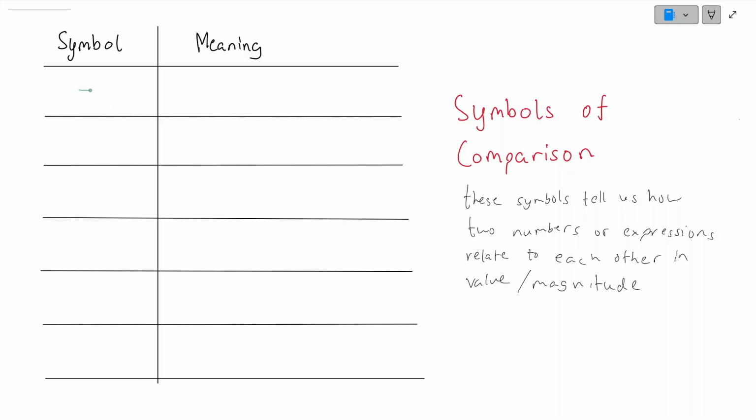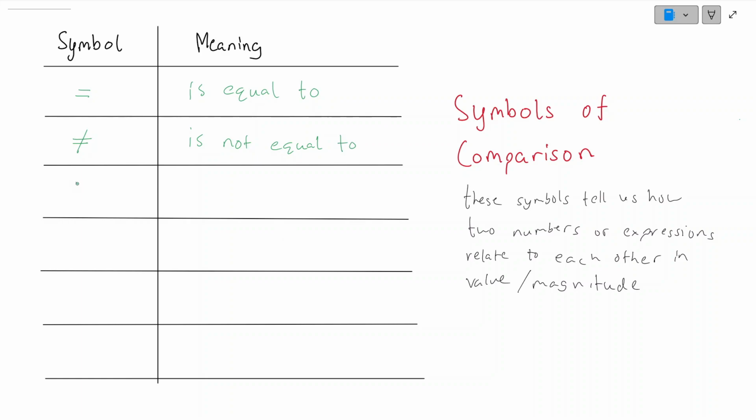The first one being this thing right here, which means is equal to. The next symbol we have is this, which is not equal to.